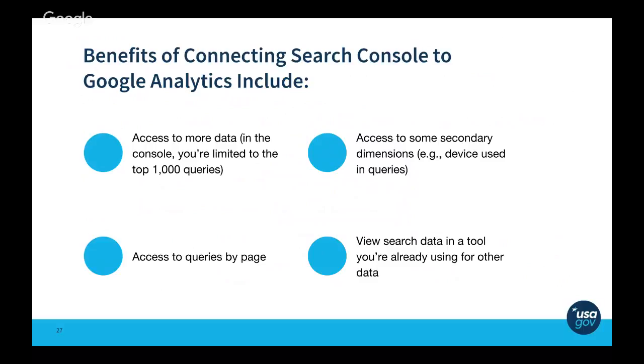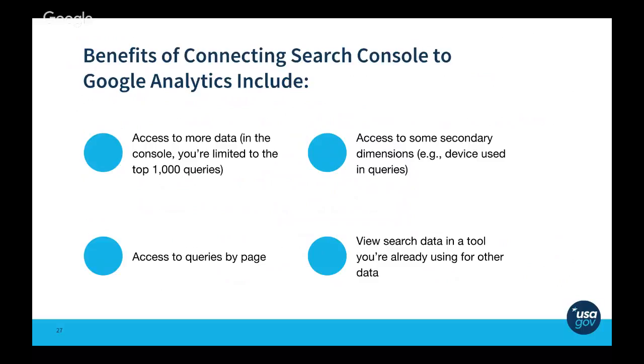Another benefit is, as you mentioned, Freddie, we can look at queries by page. So if we're interested in editing content on a particular page, we can see what the queries were, what the click-through rate was, what the most popular terms are, and that sort of thing. We can also, as you said, access secondary dimensions in Google Analytics connected with the Search Console.